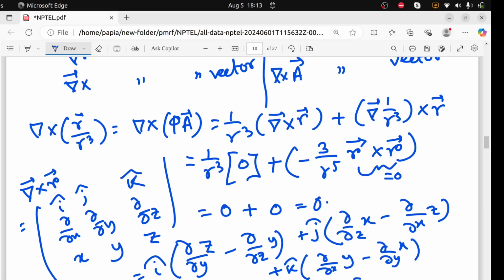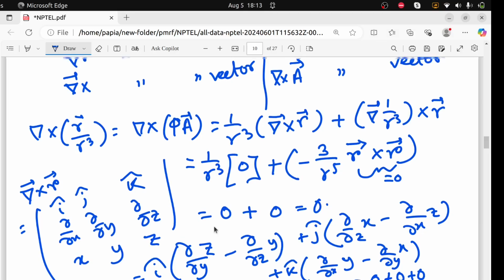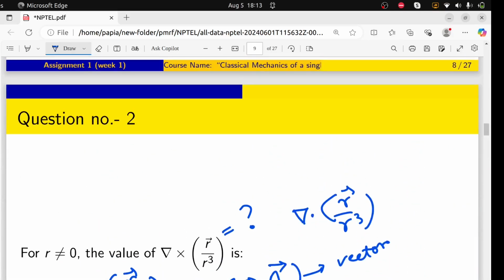So you can understand that all 3 terms are coming as 0, because these are partial derivatives: the partial derivative of z with respect to y, the partial derivative of y with respect to z. These all are 0. So as a whole, the answer will be 0. So obviously you can see that curl of r vector is equal to 0. So now the value of this one is coming as 0.